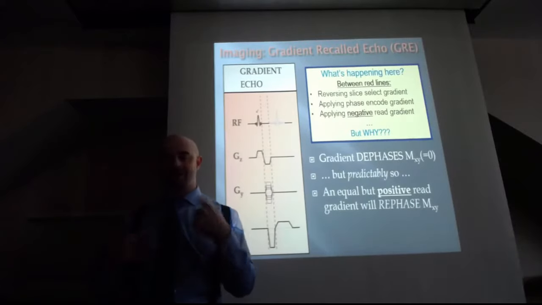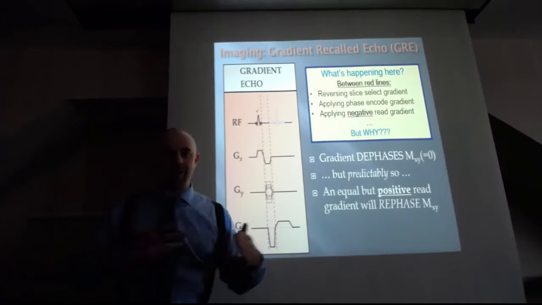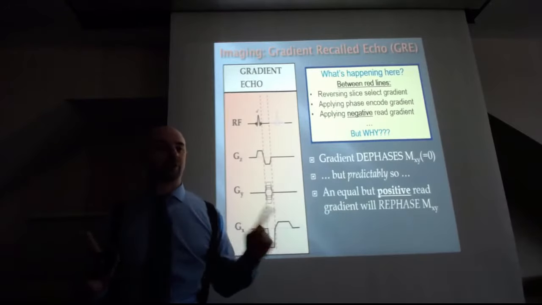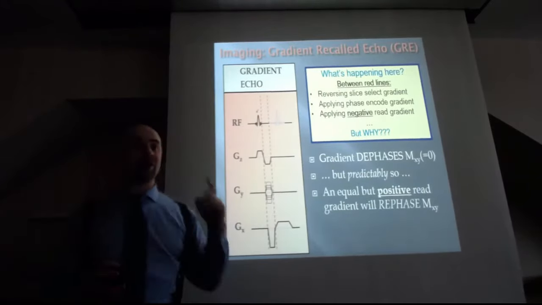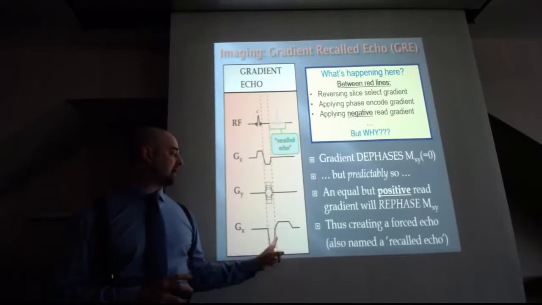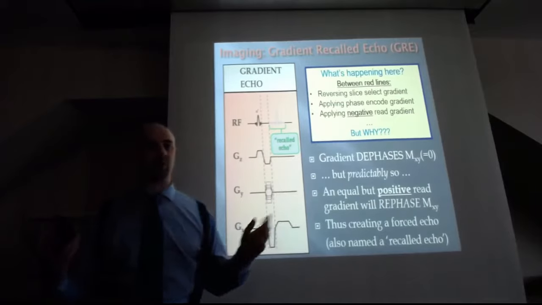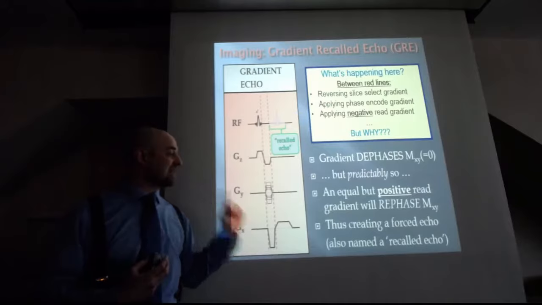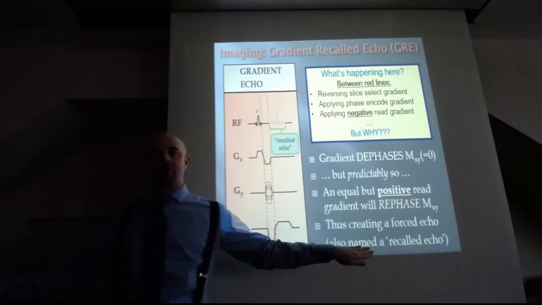But, like in the dephasing and rephasing discussion, the fact that you've applied a linear gradient to dephase them means you've dephased them in a predictable way. Anytime you dephase in a predictable way, it's possible to reverse that. So, if after this strong negative read gradient I apply a forward read gradient that has the same integral, which is a complicated way of saying the same product of strength and time that it's on for, then you take those spins, which were coherent, and wash them to zero.